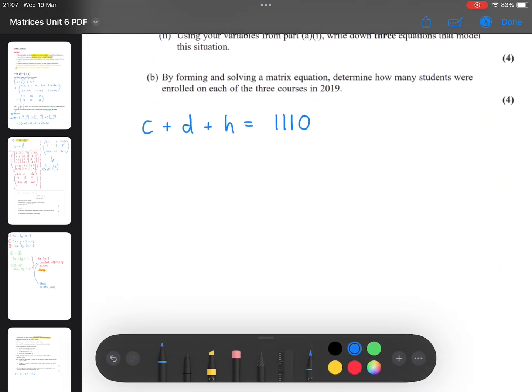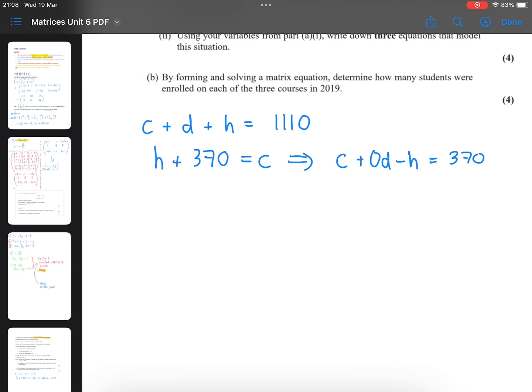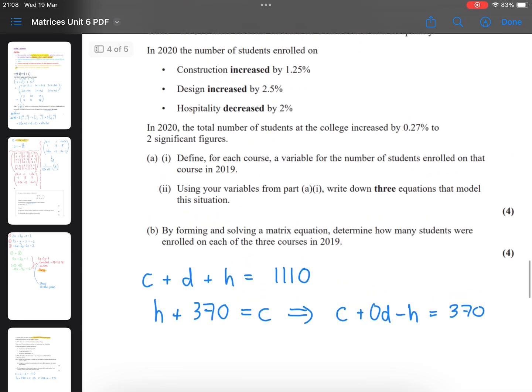So that tells us that H plus 370 equals C. But to rearrange it and put it into the same form as before, we'll say C plus 0D minus H equals 370.